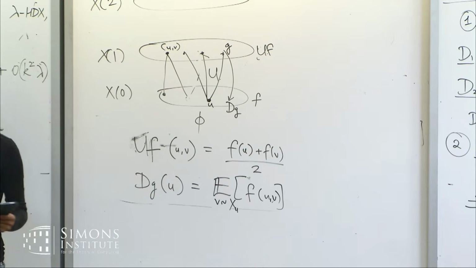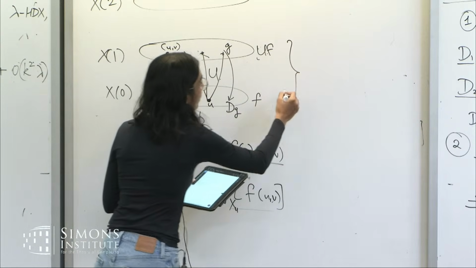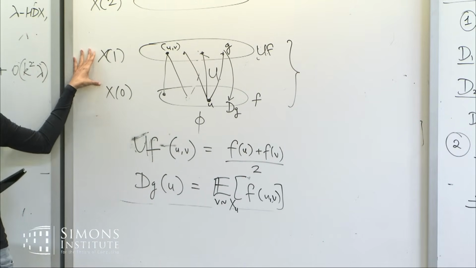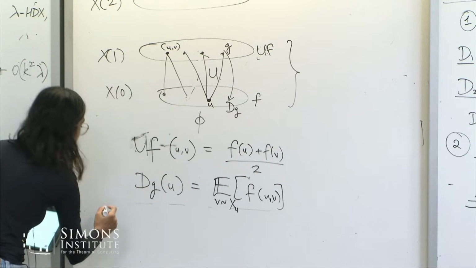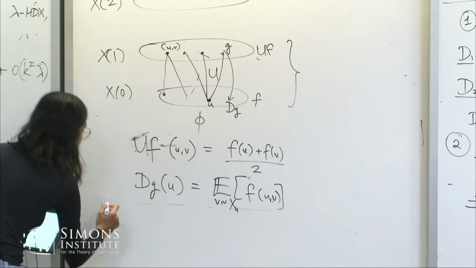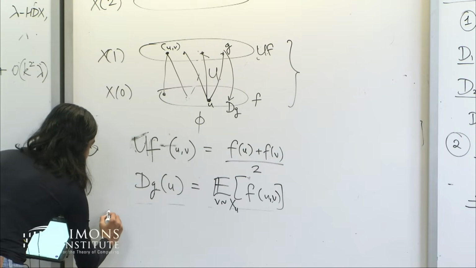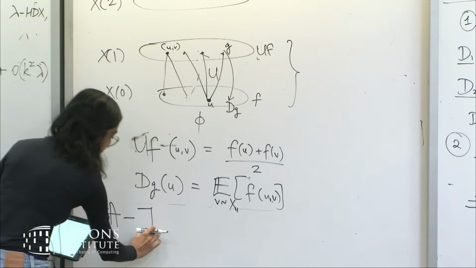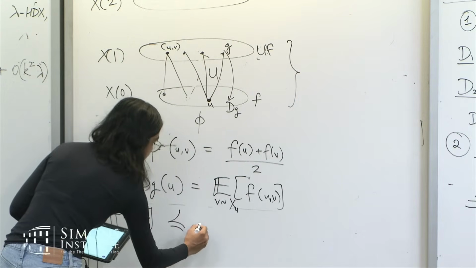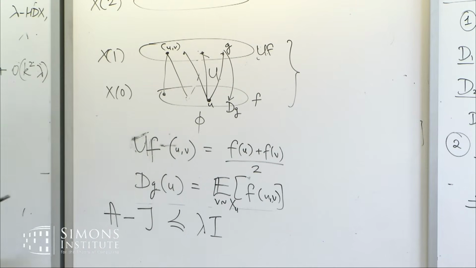This is very similar to the normalized adjacency matrix of the graph. It is unsigned. Take out the signs. And the usual spectrum, this is just a graph, x0, x1. So the spectrum of the graph, like if the graph is a lambda spectral expander, that can be interpreted as saying that the adjacency minus the all ones, or the constant matrix pi, is PSD less than lambda times identity.